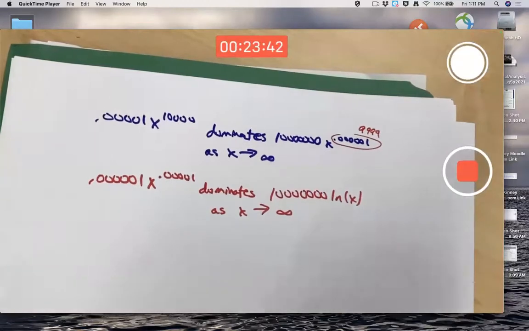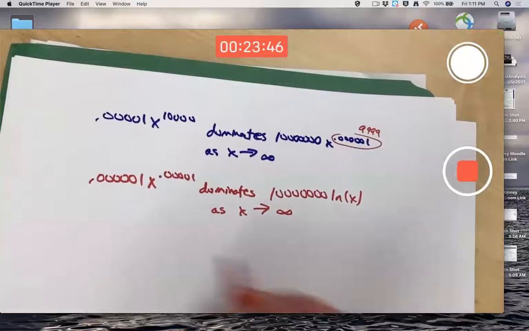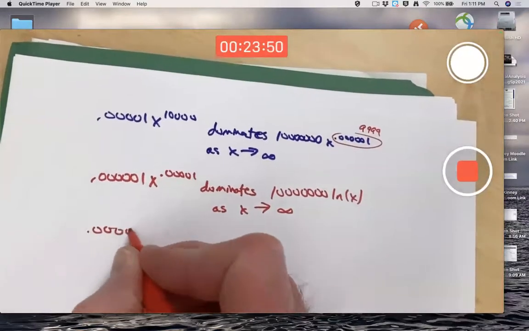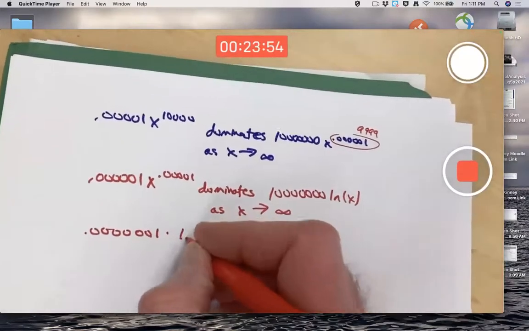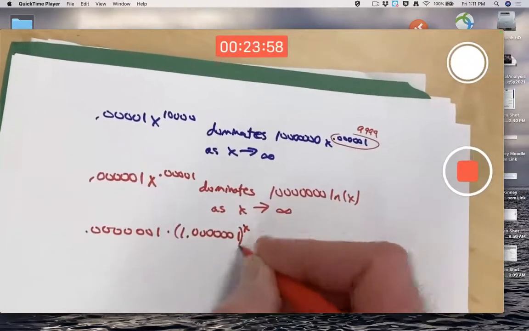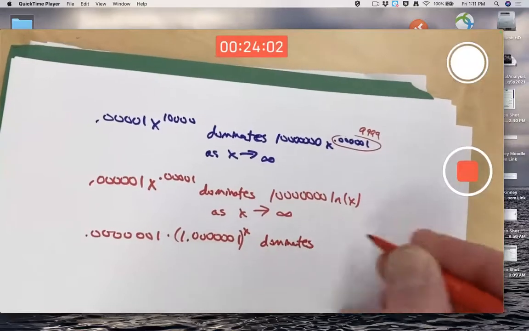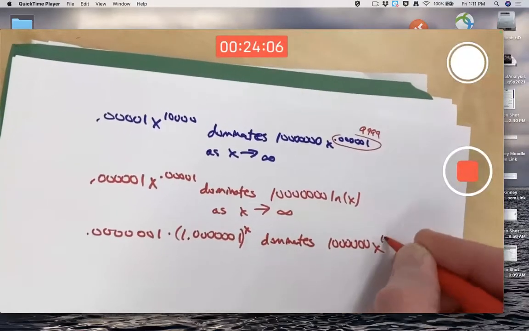And you should know that exponential functions dominate any power function. So I could go 0.0000001 times 1.0000001 to the x. That's going to dominate any power function, even if I have a really big number here and a really big power here.